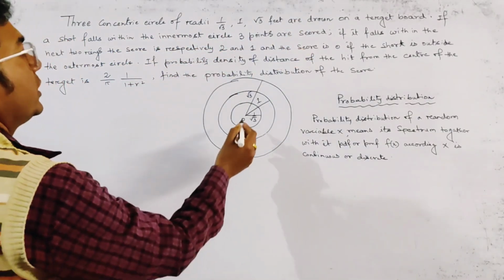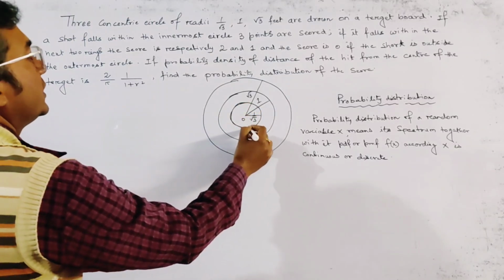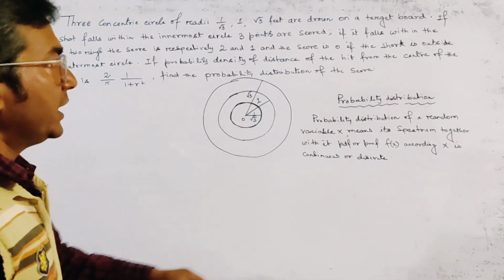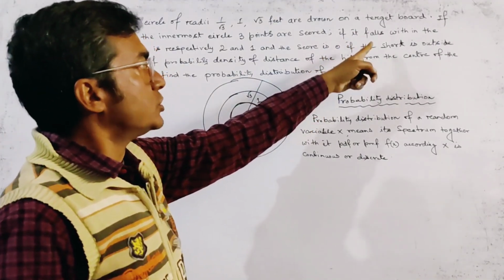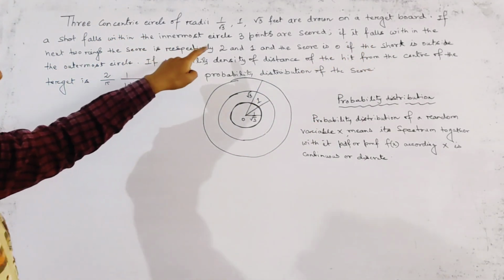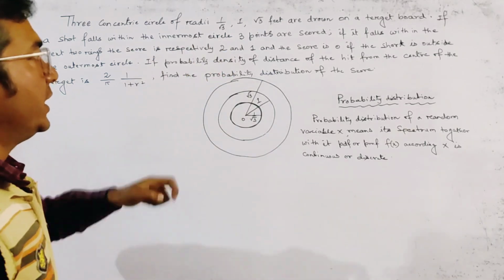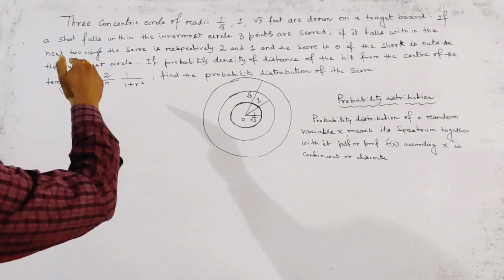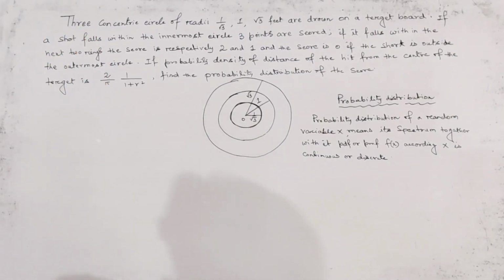Okay, if the shot is in the innermost circle, then we get 3 points. If it falls within the next two rings, score respectively 2 and 1. And the score is 0 if the shot is outside the outermost circle.